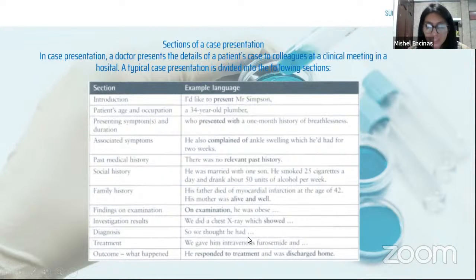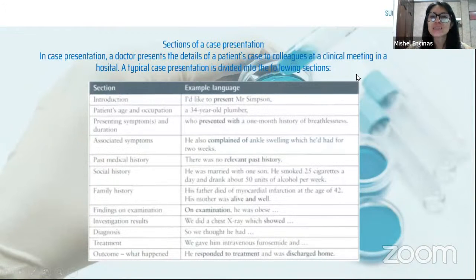So we thought he had this kind of disease. The treatment. We gave him an intravenous furosemide, and you can add the treatment. Outcome, or what happened. He responded to the treatment and was discharged home.